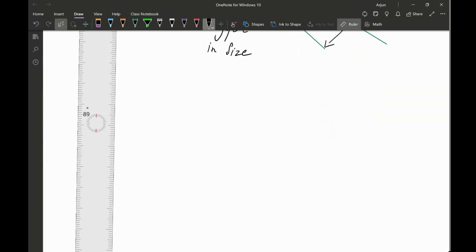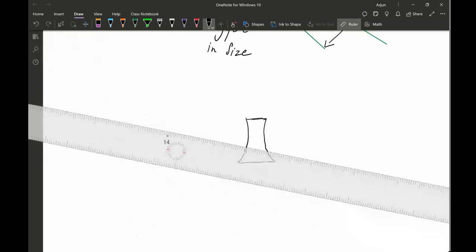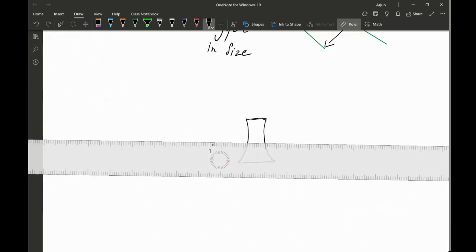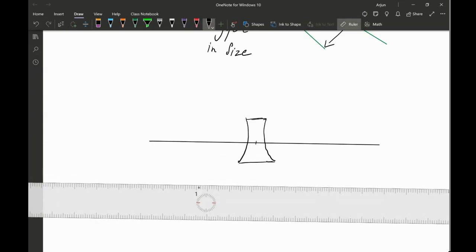Now we're going to talk about the diverging lens. So the diverging lens is something like this, and in this diverging lens there is only one case. Wherever you place the object, the image will always be virtual and smaller in size. So this is the focal point. I'm going to call this the center of curvature, or 2f. Here focal point, 2f.